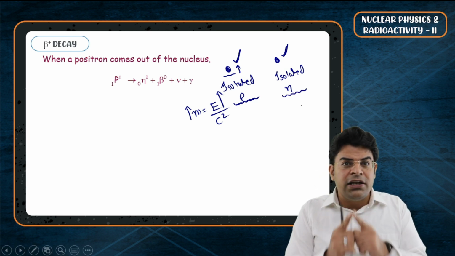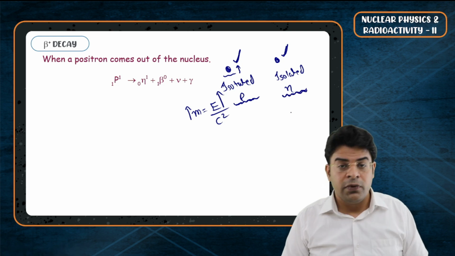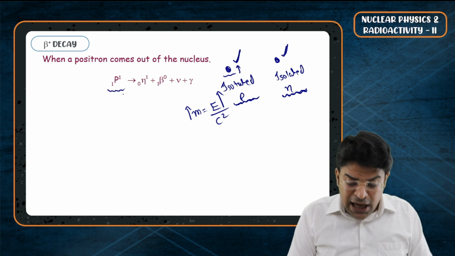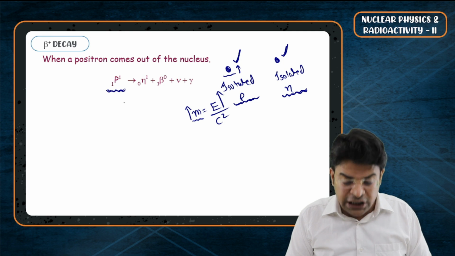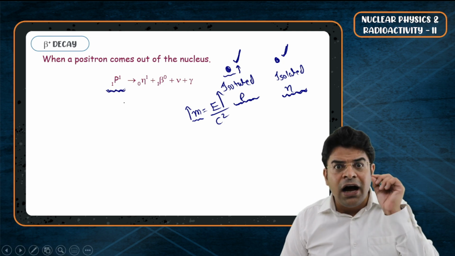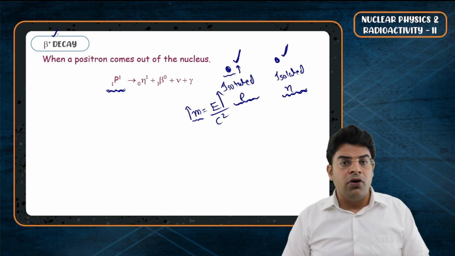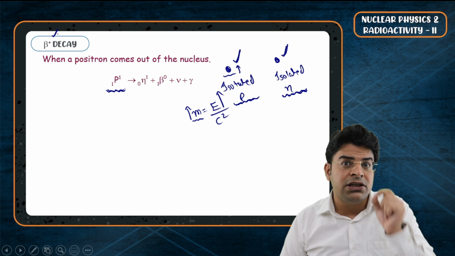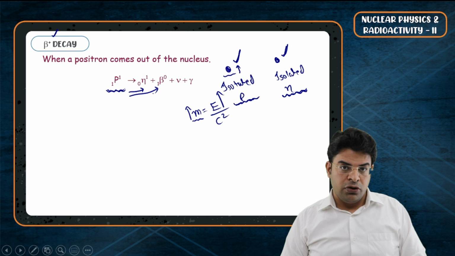So an isolated proton cannot convert into a neutron plus positron. Only a highly energetic, meaning more mass, or only a highly unstable proton can undergo beta plus decay, because only a highly unstable proton will have such huge mass to give out the mass of a neutron plus a positron.